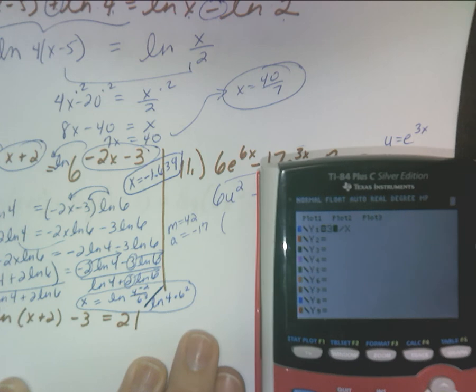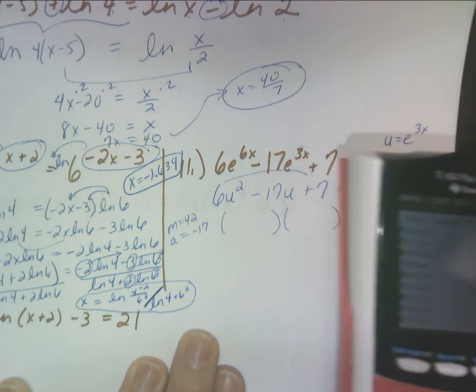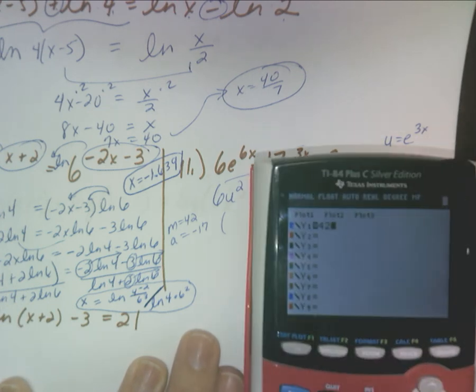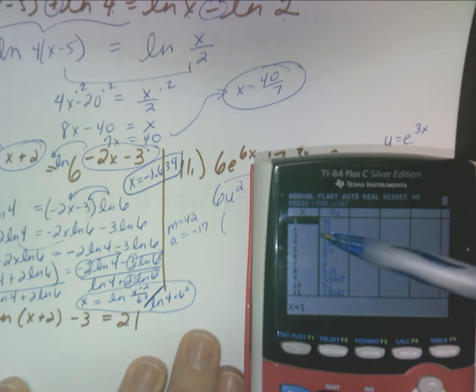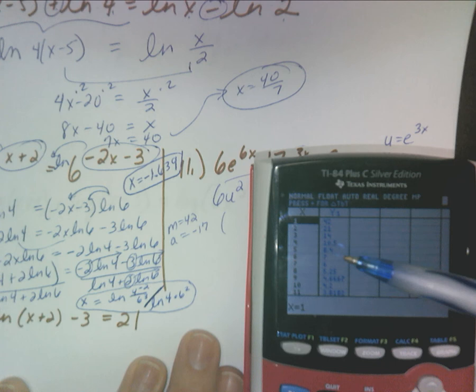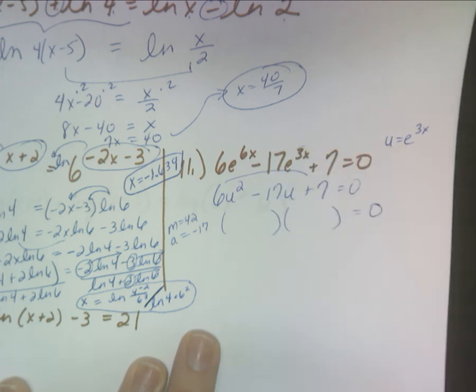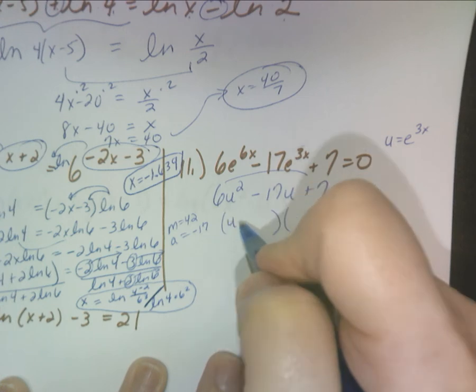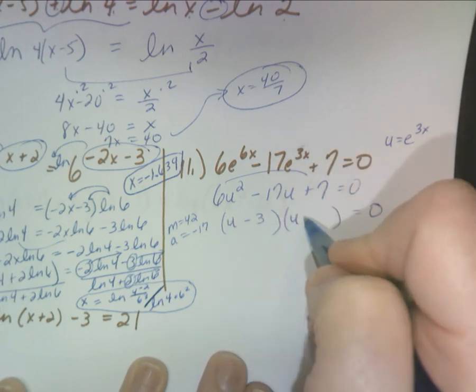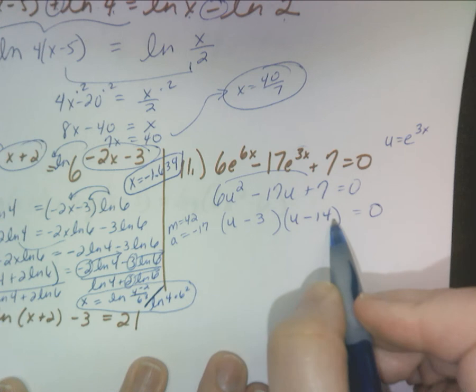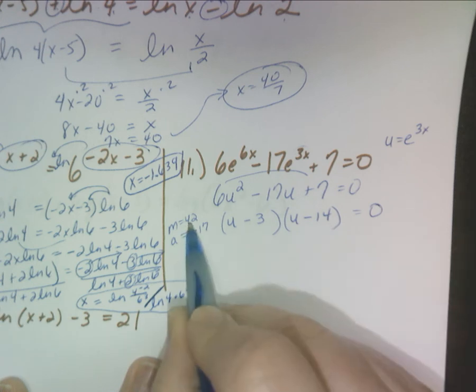For those who don't know, it multiplies to 42, so you do 42 divided by x, and then you go to your table, and you look at all the numbers that can make, what we're looking for is 17, so 3 and 14, if they're both negative. So I'd say u minus 3 and u minus 14. Those two would multiply to positive 42, but would add to a negative 17.